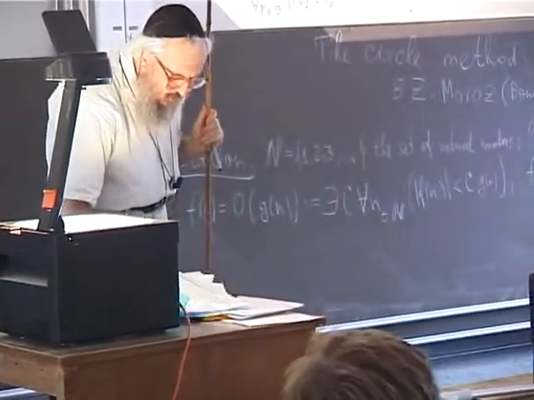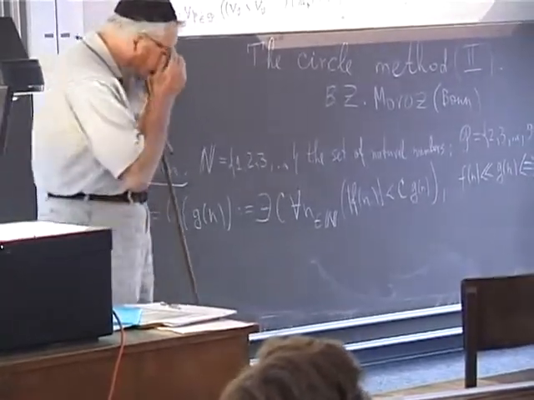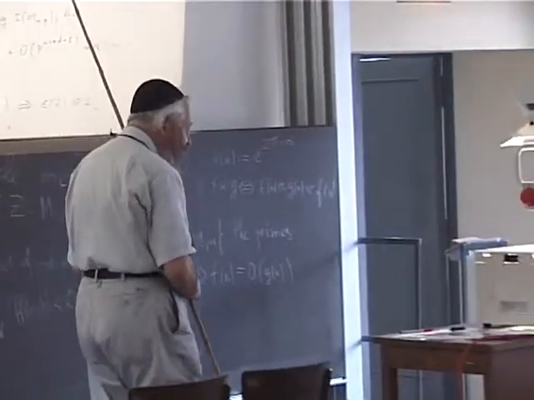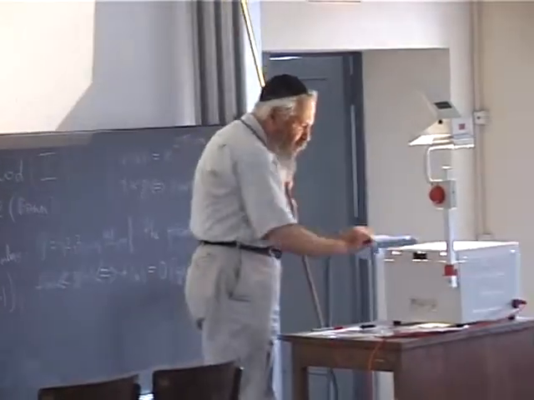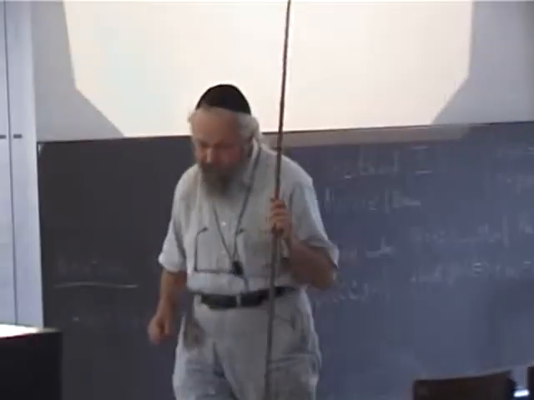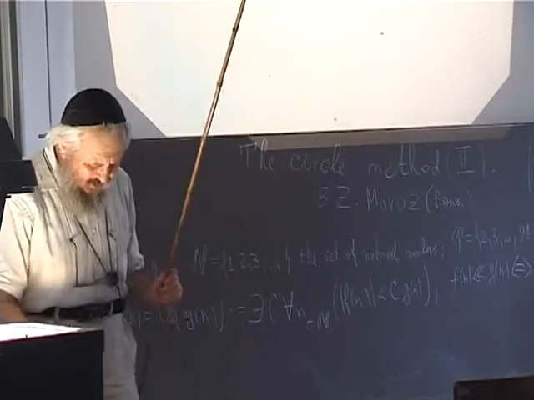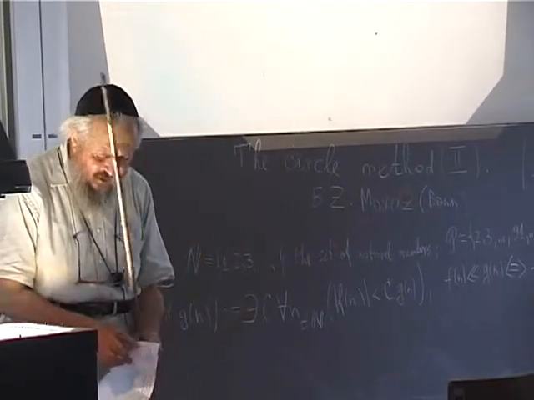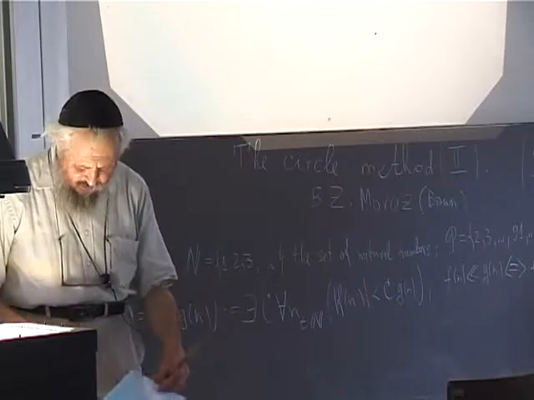So I will stop the discussion of Birch's theorem here, and let me now comment, as I promised, on the generalization of the circle method to number fields.